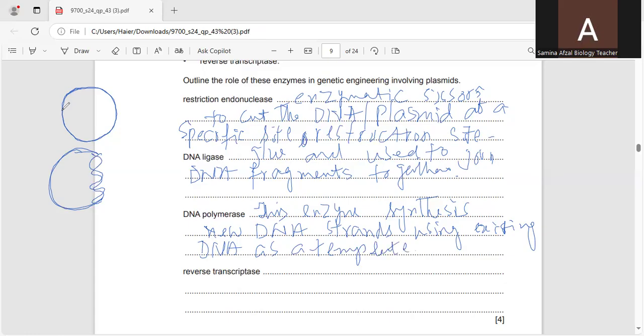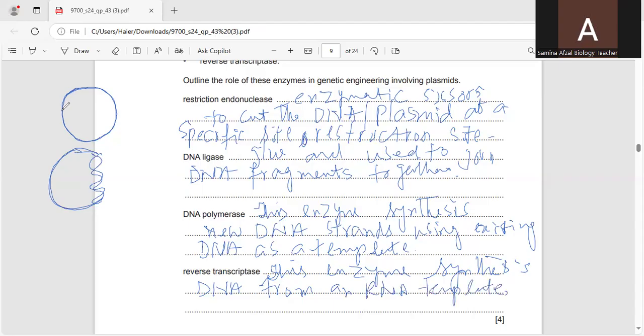And the other one is the reverse transcriptase enzyme. This enzyme synthesizes DNA from an RNA template.